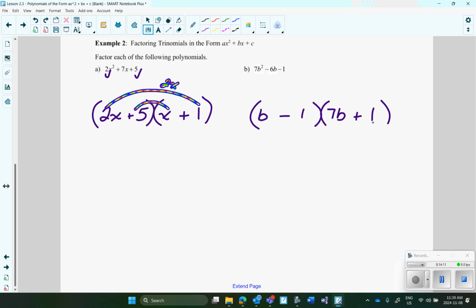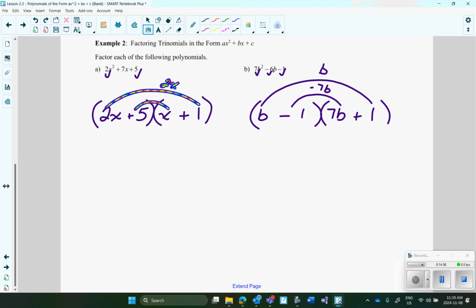Okay. b times 7b, yes. -1 times +1, yes. b times 1 is b. -1 times 7b is -7b. Combine these, gives me -6b.